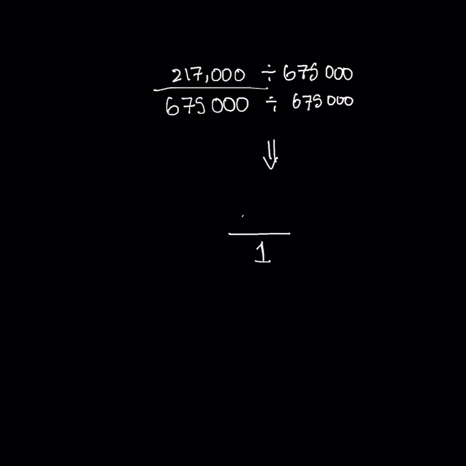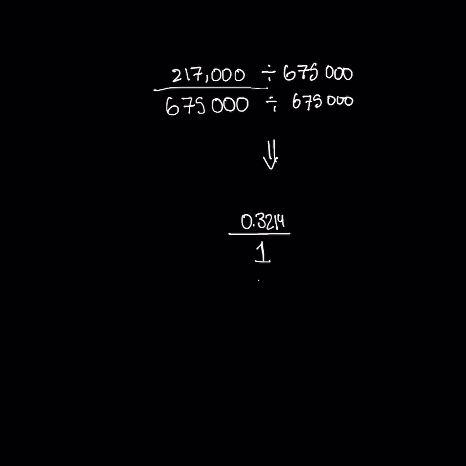And 217,000 divided by 675,000, let's figure out what that might be. I'm just going to grab my calculator. 217,000 divided by 675,000 is 0.3214 and so on. So for every dollar you have, you give away 0.32 of a dollar, so 32 cents.